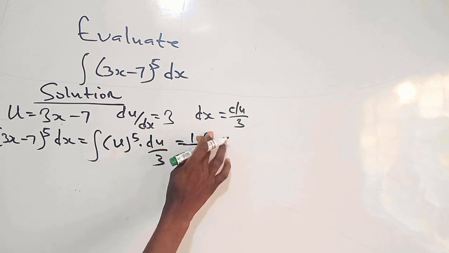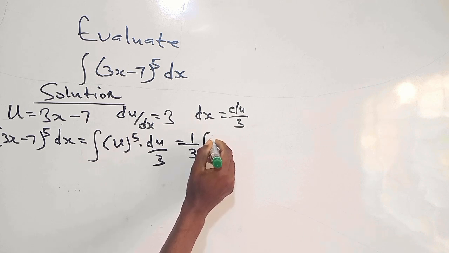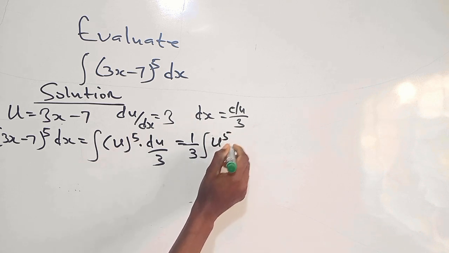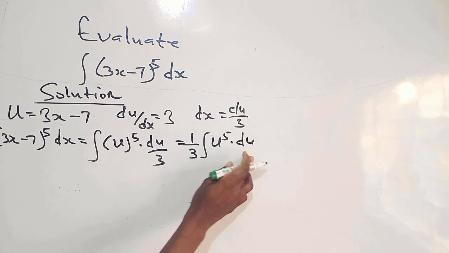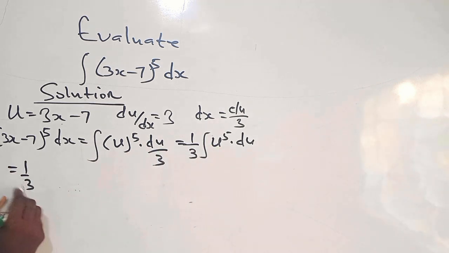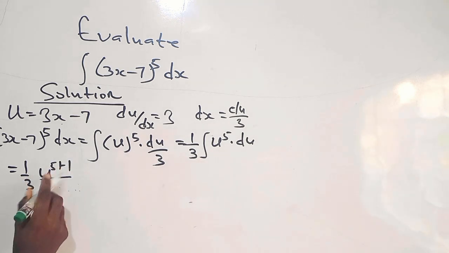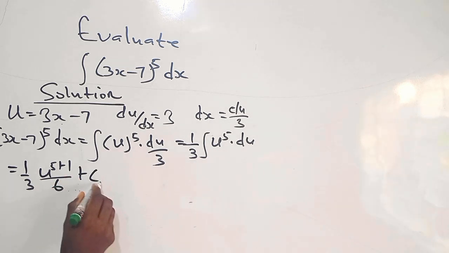Integral of u raised to power 5 with respect to u. So from here now, I have 1 over 3. When I integrate this, I have u raised to power 5 plus 1 over, which is 6. I divide by the power, and I introduce a constant.